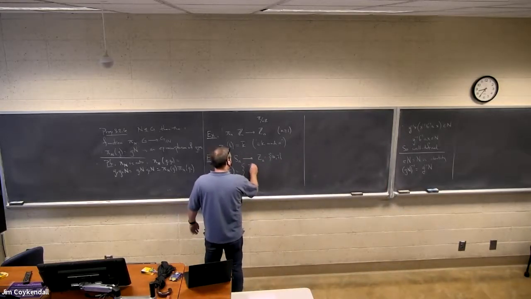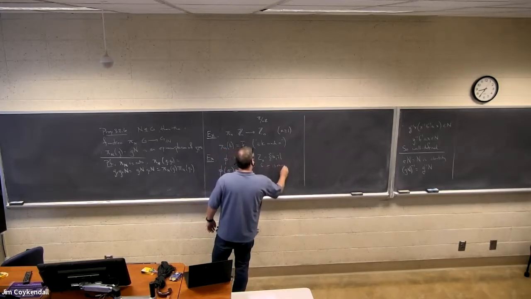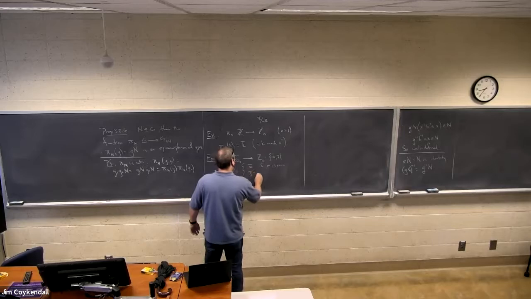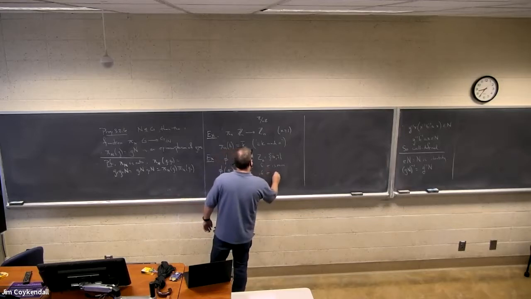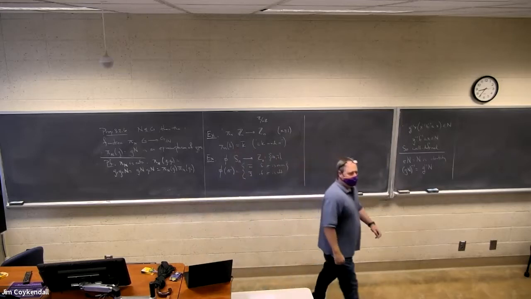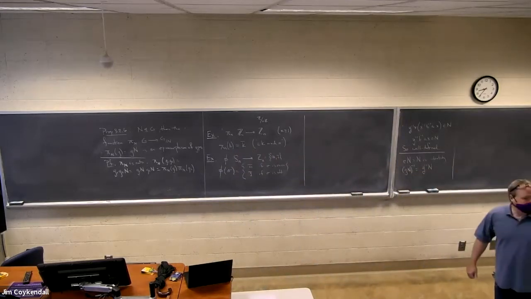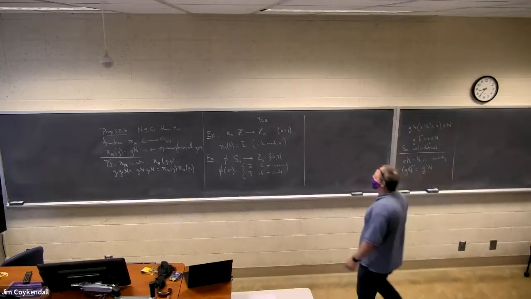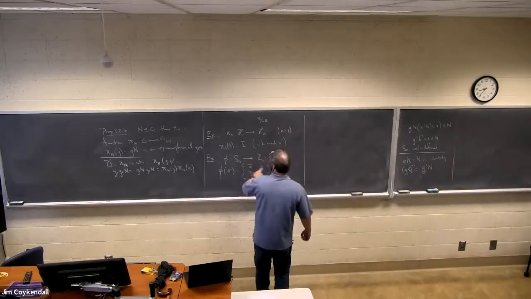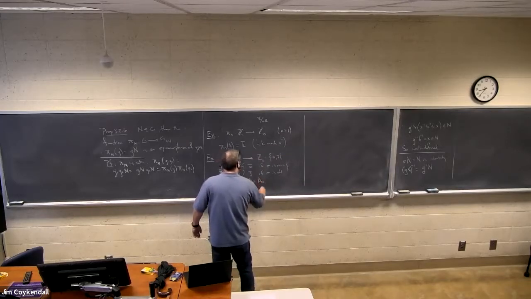This is 0 if sigma is even, and 1 if sigma is odd. This gives you a homomorphism from Sn to Z2, and the kernel of P is actually equal to An.